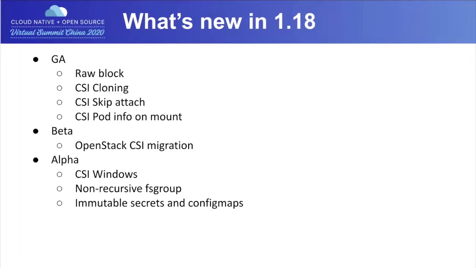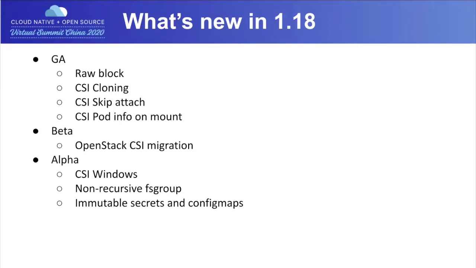Next, graduating to beta is OpenStack CSI migration. So overall, the CSI migration feature allows users to continue using the Kubernetes in-tree volume APIs. But the main difference is that the back end of Kubernetes will call out to the CSI driver instead of calling out to the in-tree volume code.